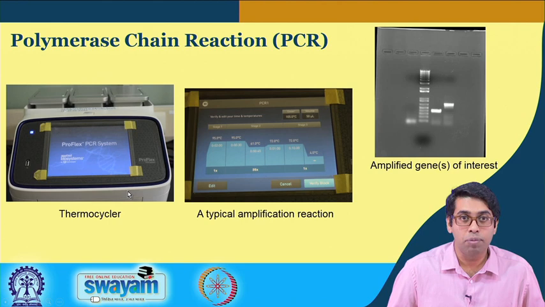This is how a typical PCR instrument looks like, and one typical PCR cycle is shown here. The initial step is where you heat it up to 95 degrees, and then these particular steps are repeated several times. Here we repeat it 35 times, and then we stop our reaction.